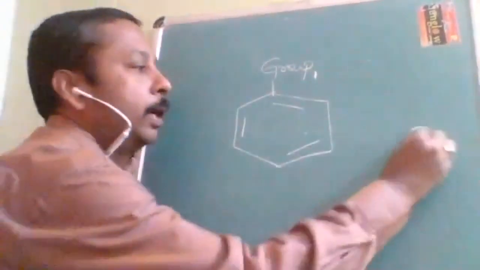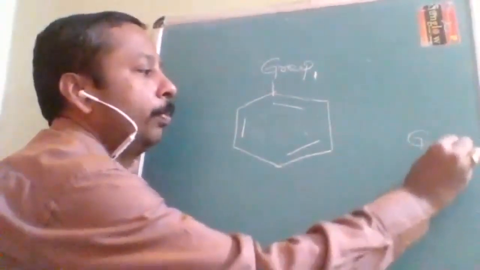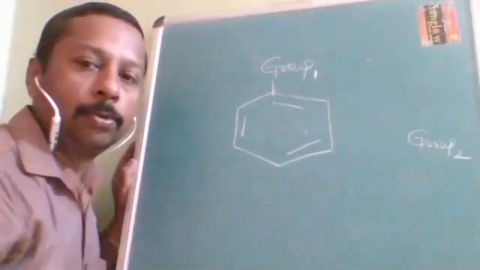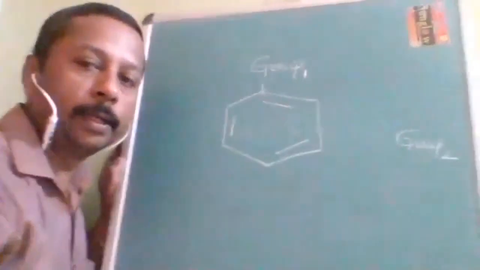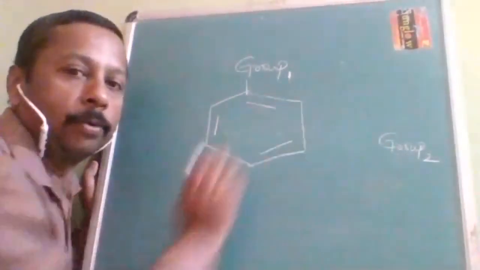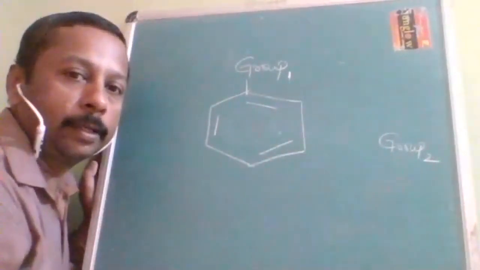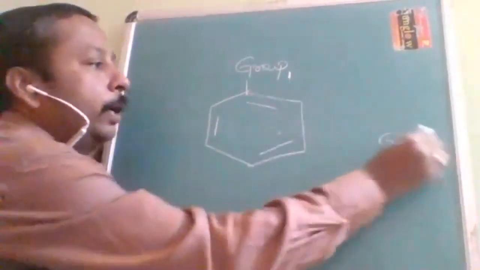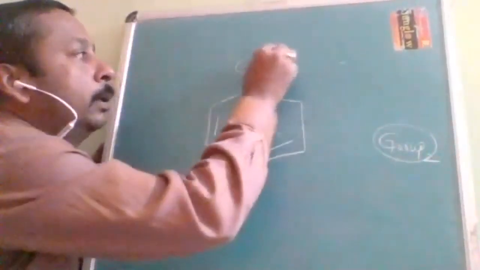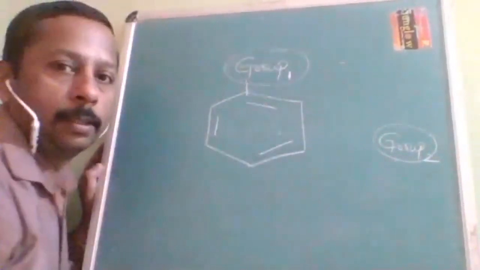Now another group, group 2, wants to be accommodated on the benzene ring. Where it will be accommodated on this entire benzene ring is decided by group 1.